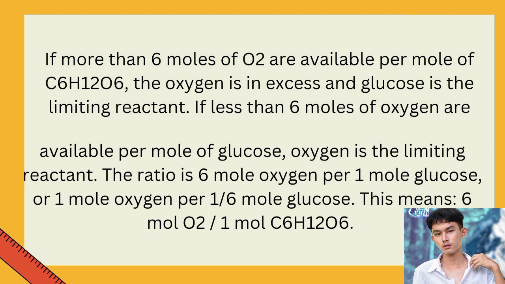The ratio is 6 moles oxygen per 1 mole glucose, or 1 mole oxygen per 1/6 mole glucose. The recipe requires a 6 to 1 ratio of oxygen to glucose. The ingredient you have less of is the limiting reactant. It stops the reaction. The ingredient you have more of is the excess reactant. Some will be left over.